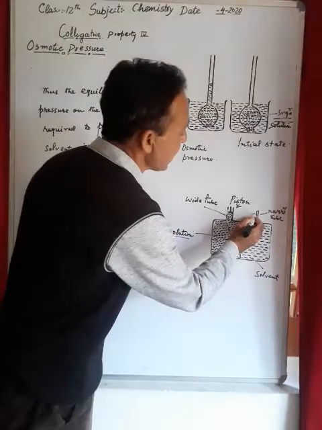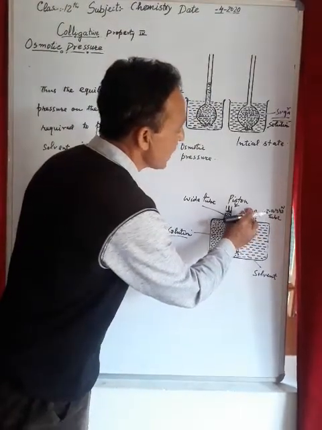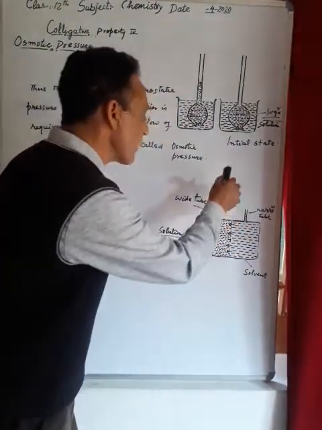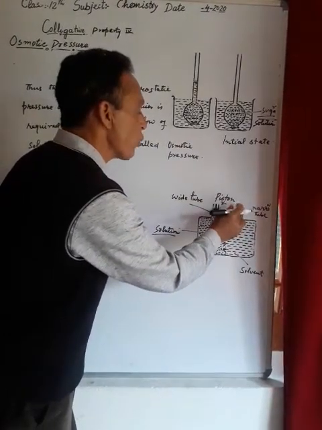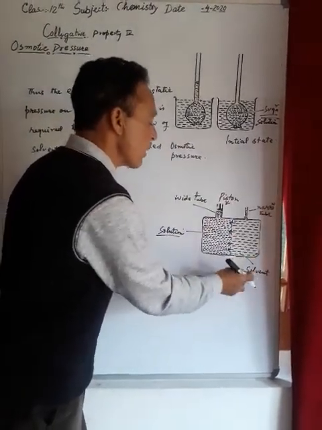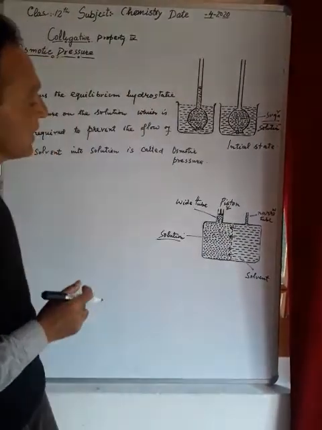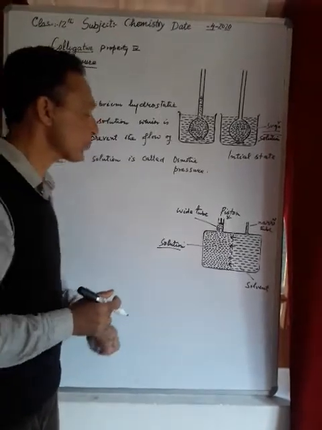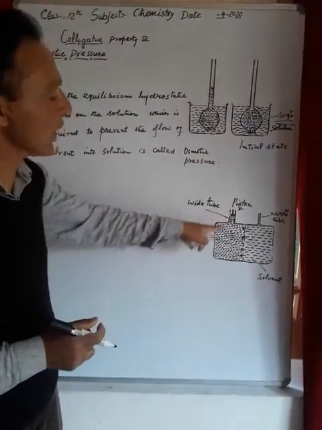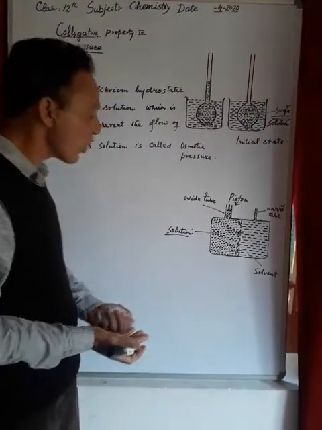By the level of the solvent in the narrow tube, कि कितना प्रेशर हमें अप्लाई करना है ताकि ये लेवल जो है वो उतनी ही रह जाएगी जितनी हमने पहले सॉल्वेंट की ले ली थी. Now this pressure applied on the solution measures the osmotic pressure.